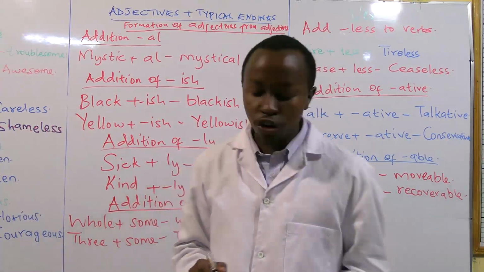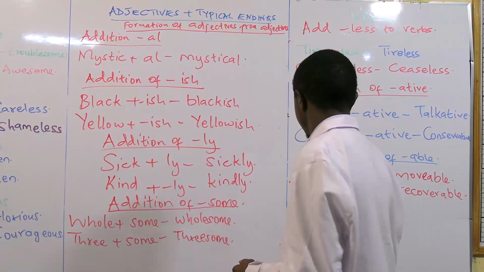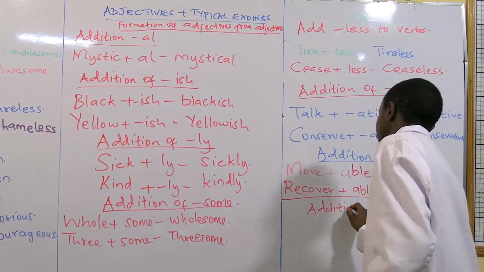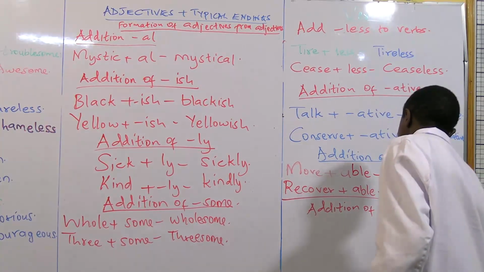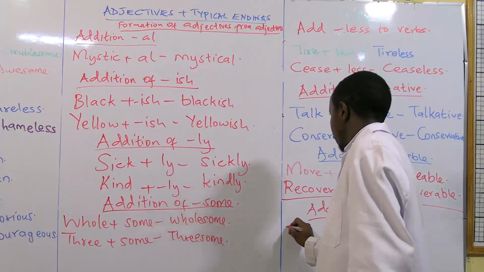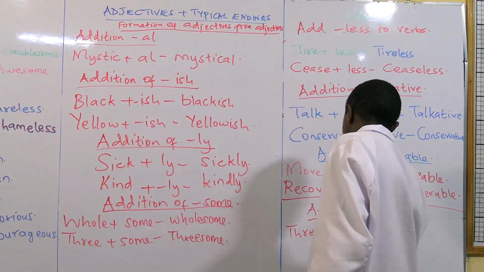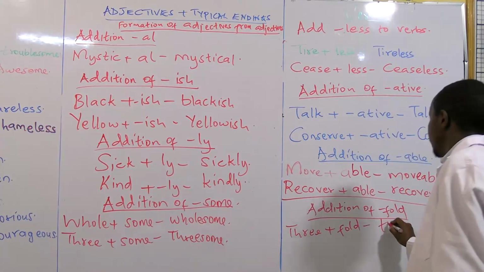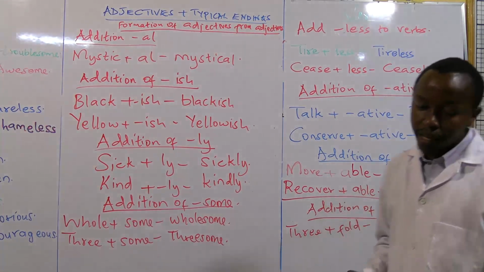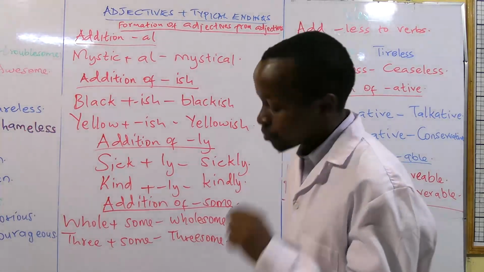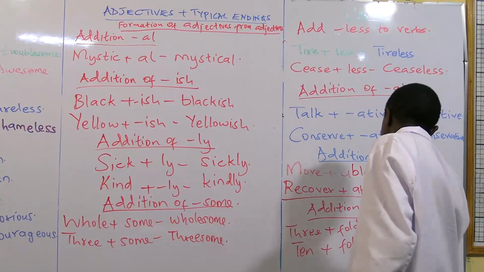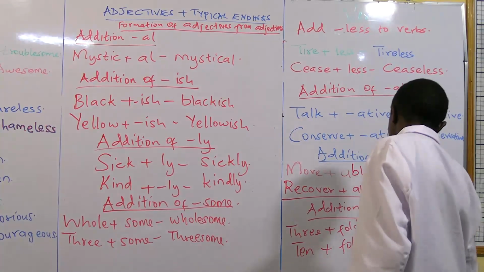Then we have addition of fold. When we add fold, we can add to three plus fold becomes threefold. Ten plus fold becomes tenfold.